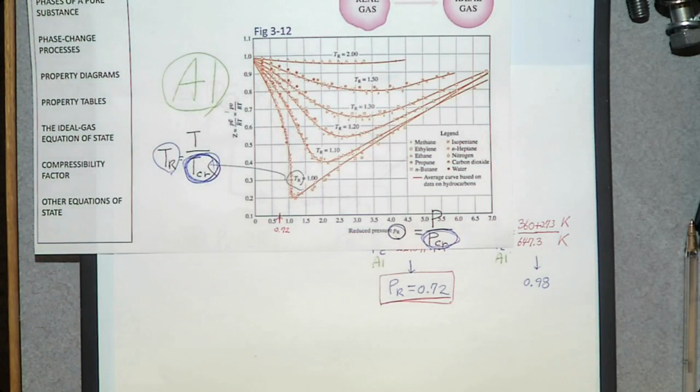And what is reduced temperature? 0.98, slightly below this line. Each line represents a specific reduced temperature. This one is reduced temperature 2. This line represents 1.5, this line represents 1.3, this line represents 1.2, 1.1. This one is 1. So where is 0.98? Right below.